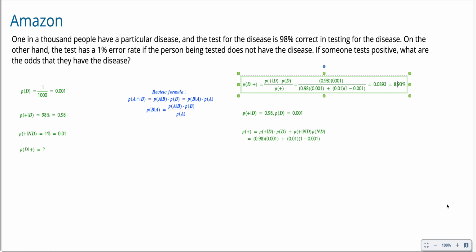By the computation we just did, you actually only have about a 9% chance of having the disease. That's why sometimes it's suggested that you go to another doctor for the test. If both tests come back positive, then you will actually have a higher chance of having the disease.